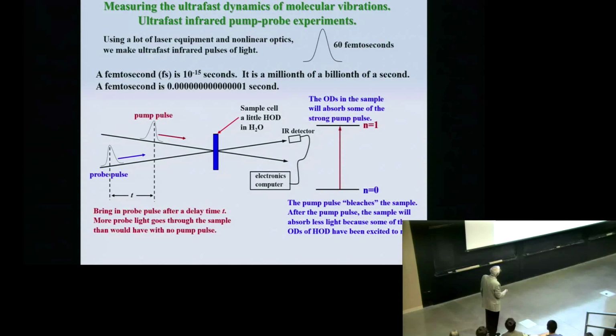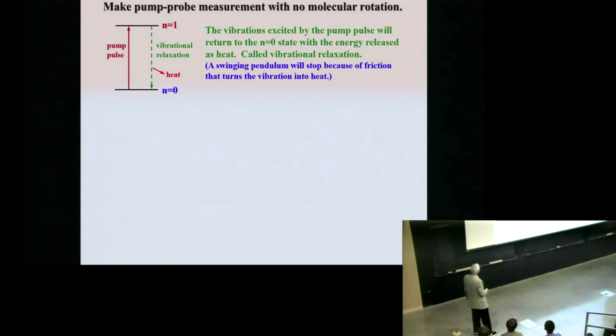This is what we call bleaching the sample. When you excite with the pump pulse, you put a bunch of these molecules in the excited state, the sample is bleached, and what that means is it's more transparent to subsequent light of this frequency, delta E equals h nu, coming through.